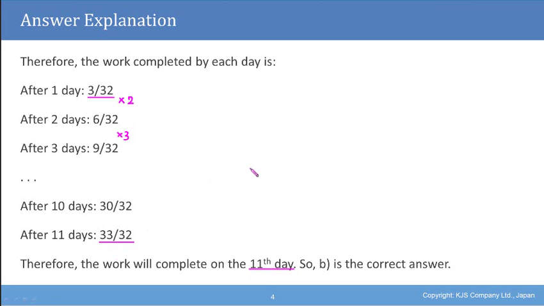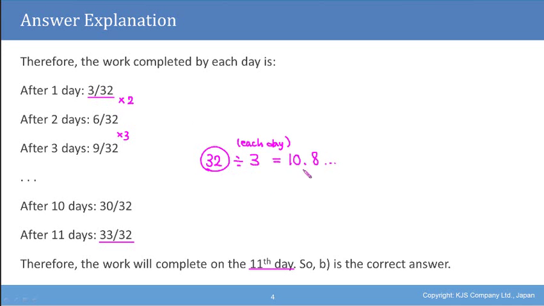You can do it this way as well. If we have 32 as the whole work, we want to divide that by 3, since you're getting 3 out of 32 done each day. If you divide 32 by 3, you would get 10 point something, about 10.8.